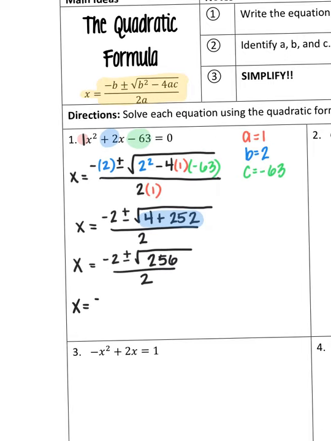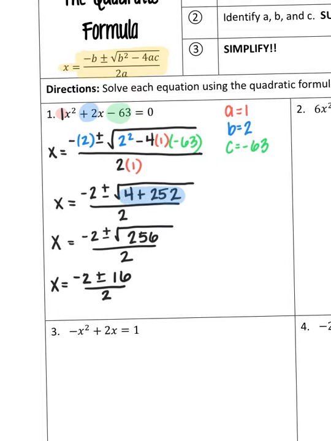So x equals negative 2 plus or minus the square root of 256, which is 16, all over 2. Okay? So I'm going to break this down into 2 separate equations because I have a plus and a minus. So I have x equals negative 2 plus 16 over 2, and x equals -2 minus 16 over 2.